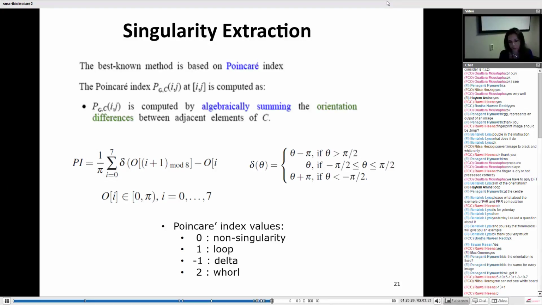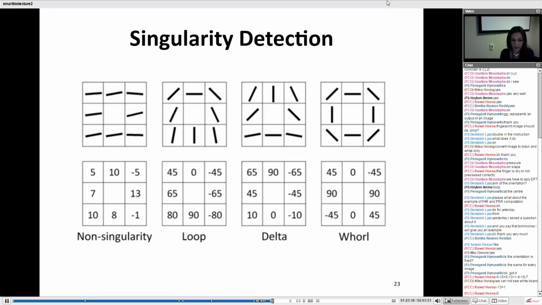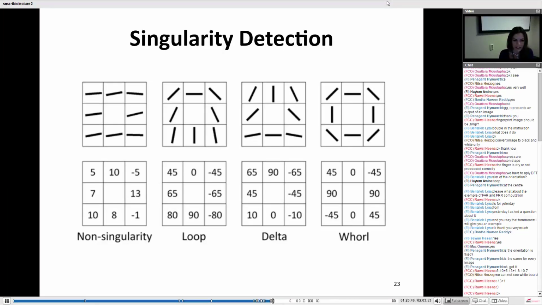And 0, yeah, according to the formula, corresponds to a non-singularity point. Right? So we can consider again the example.